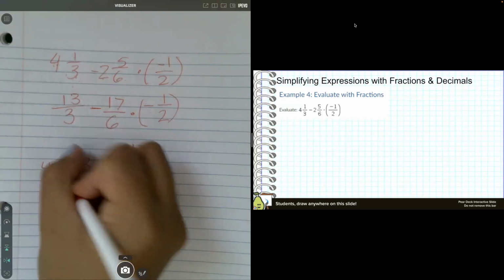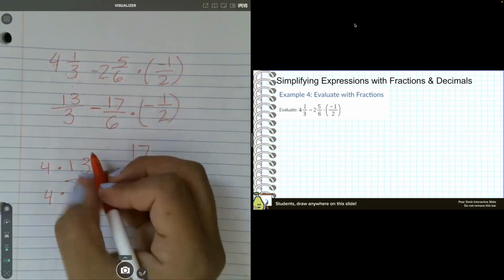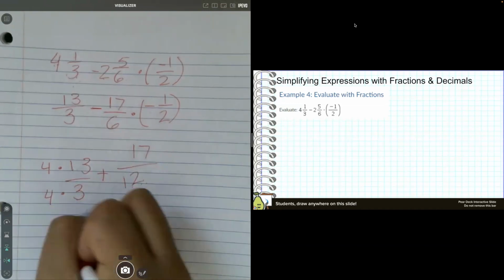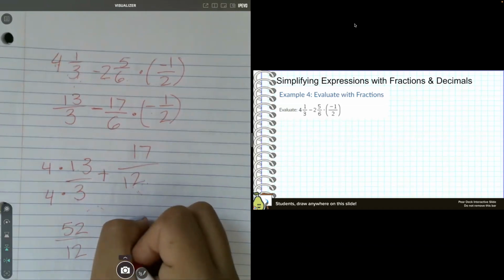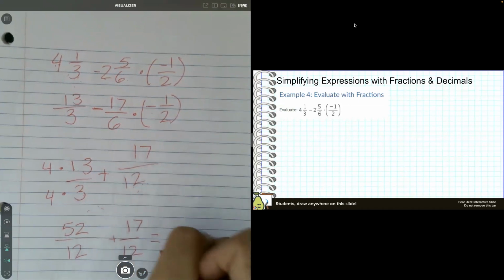If you multiply the denominator by something, you also have to multiply the numerator by that same number. 4 times 13 is 52. 4 times 3 is 12. I'm going to add that with my 17 over 12.